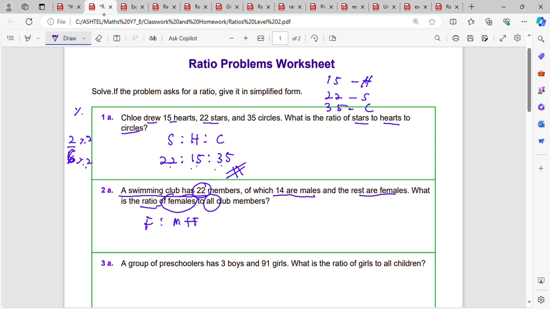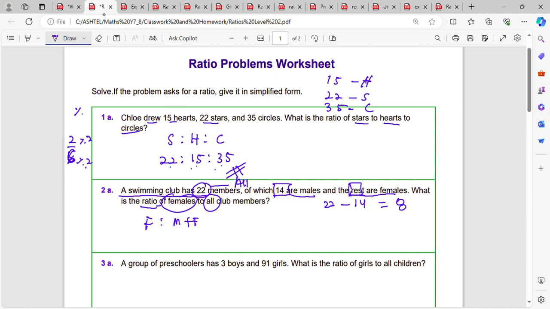This 22 is already referring to all members. And they tell you that we have 14 males, so the rest are females. So how do we find the rest? Just simple: we minus 14 from 22 so that we get the females, and we get 8 for female.